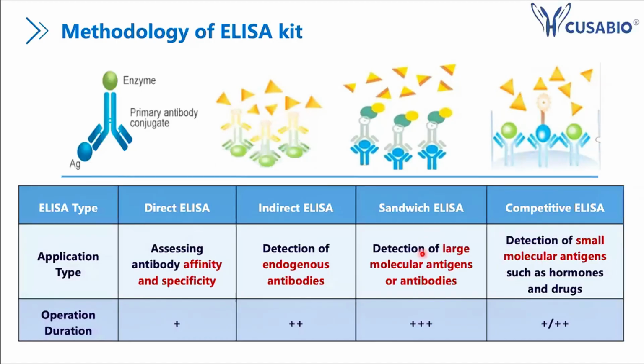With sandwich ELISA, we are able to detect large molecular antigens or antibodies. But with competitive ELISA, it's the opposite. We usually use it to detect small molecular antigens, such as hormones or drugs. So it's really based on your requirement, on which type of ELISA you need to finish your experiment. Based on that, be sure to choose the proper methodology and then the proper ELISA kit.